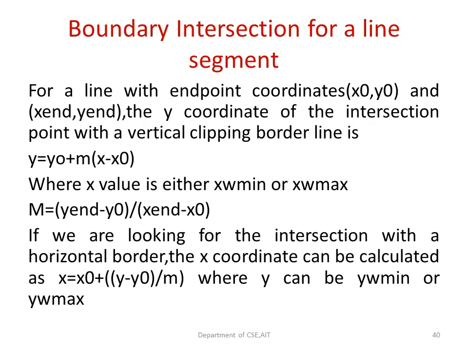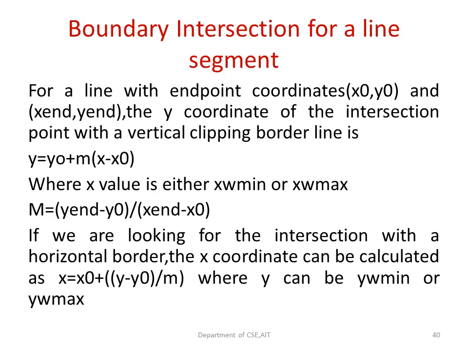So the unknown value y can be found using y0 and x0 along with the slope and the x value, which can be either xw min or xw max. We know that the slope is equal to (yn - y0) divided by (xn - x0).